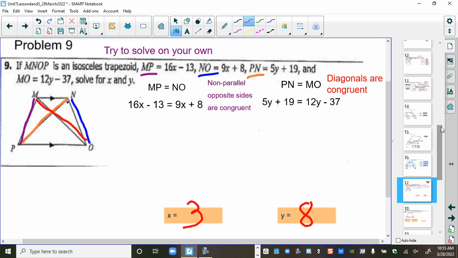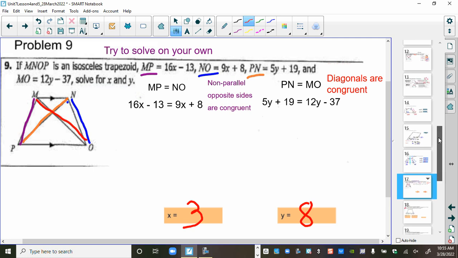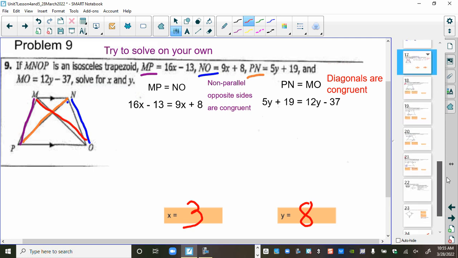So I really want to talk about the last few things. If I say try to solve on your own, when you come back, this might be your first fourth quarter assignment.